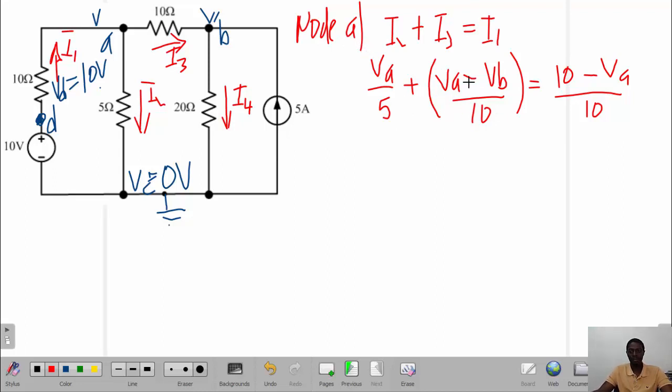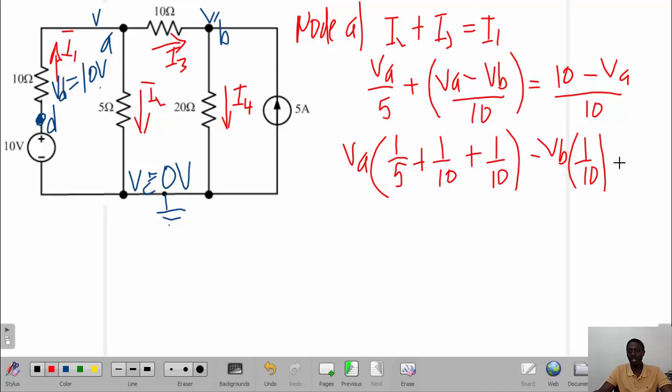We obtain VA over 5 plus, we can expand this, or the simplest way is to say we've got VA, open bracket, 1 over 5, plus 1 over 10, since VA over 10 crosses over the equal sign so it becomes positive, and then minus VB, 1 over 10, equal to 10 over 10.